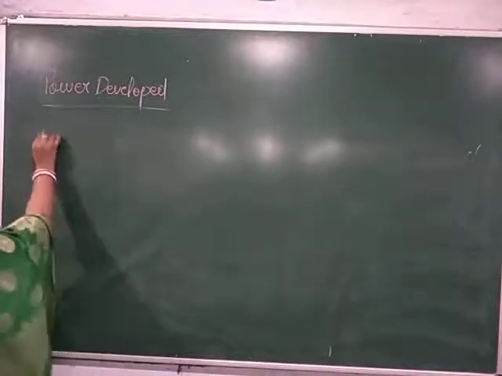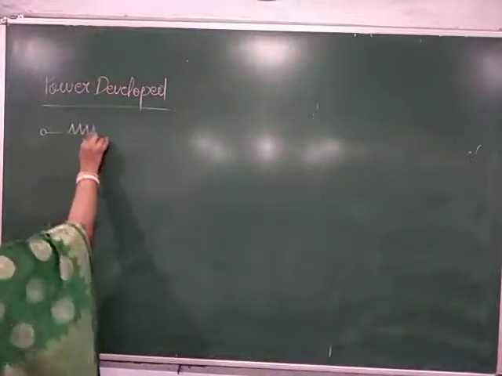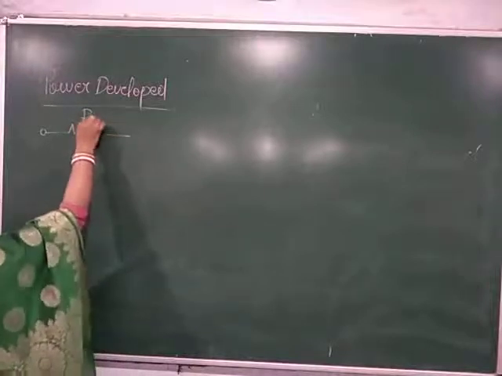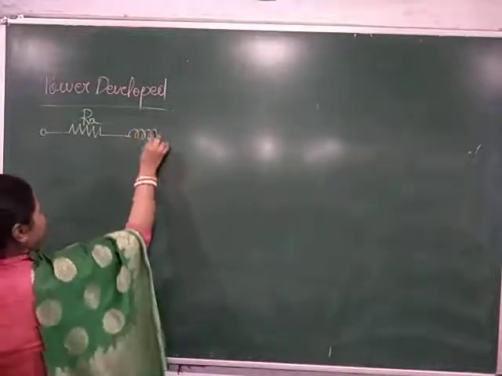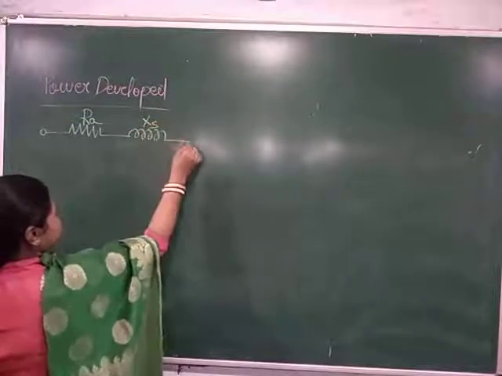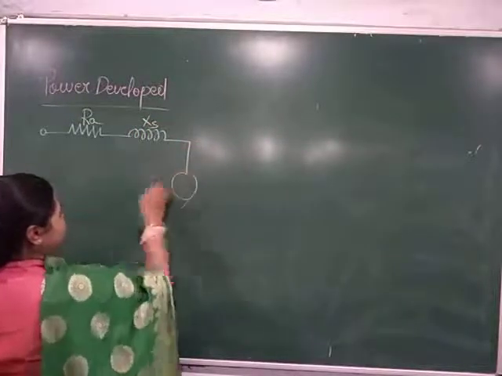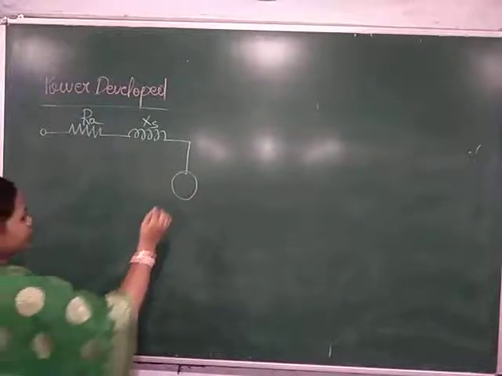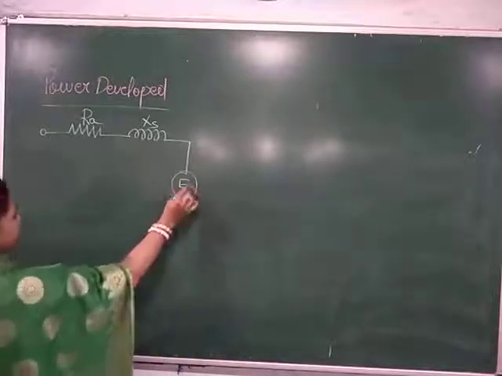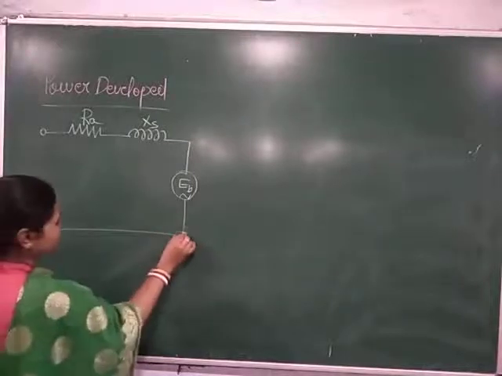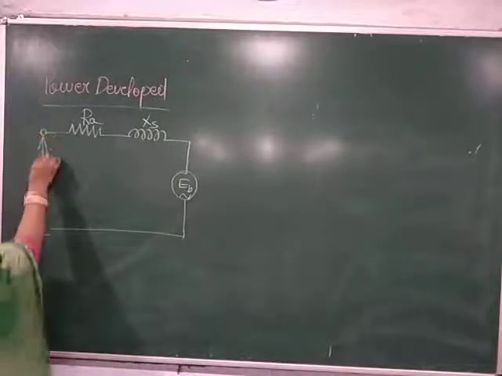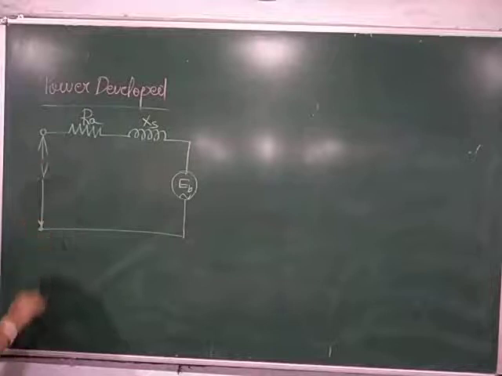Here Ra is the resistance of the armature winding and Xs is the synchronous reactance of the armature winding, Eb is the EMF developed due to rotor magnetic field in the stator, and V is the supply voltage.